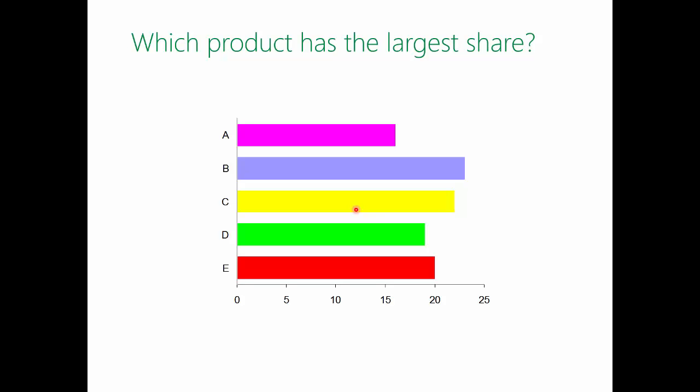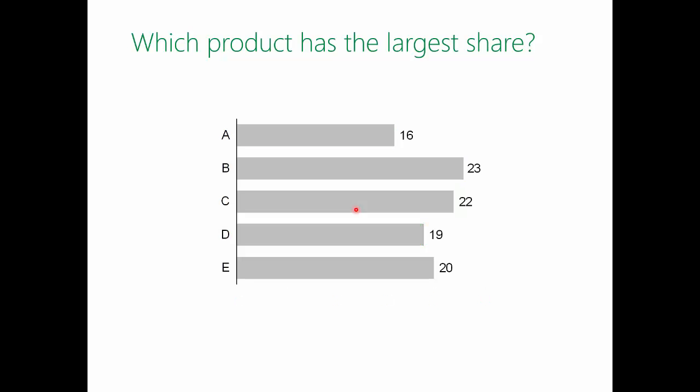The color is not really helping in this case to assess the numbers. If we just remove the color, the answer to this question is even easier. So this means that the color is not really necessary for this simple question and for this case.